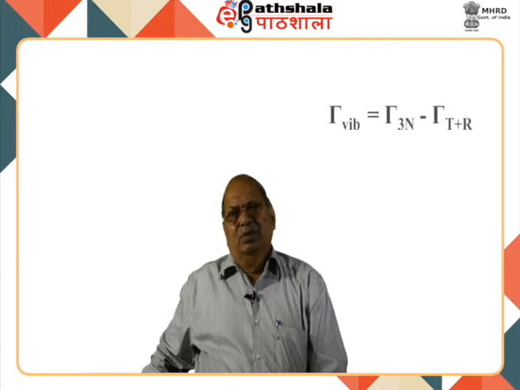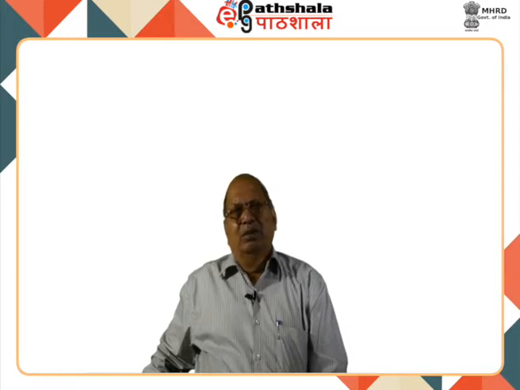That is, Γvib is given by Γ3N minus Γt plus r. Now, let us take the water molecule, which belongs to the C2v point group, and again explain this method.